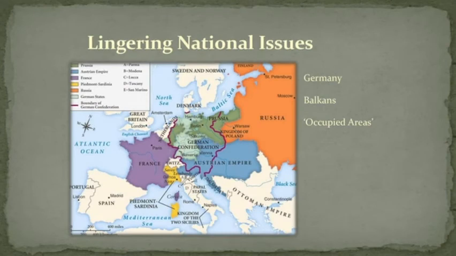Other areas considered themselves to be occupied by foreign powers. And two of the major ones were Italy. Italy was divided into several small kingdoms. Most of the kingdoms, most of the major ones, were ruled by outsiders, particularly Austria.